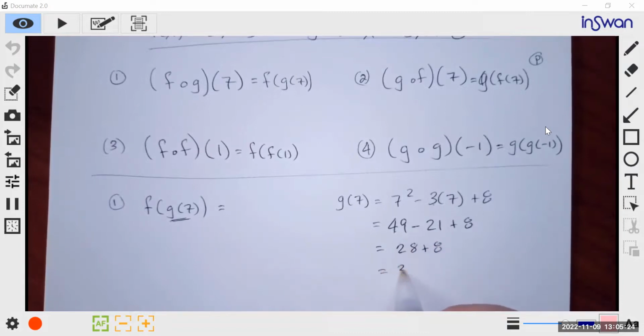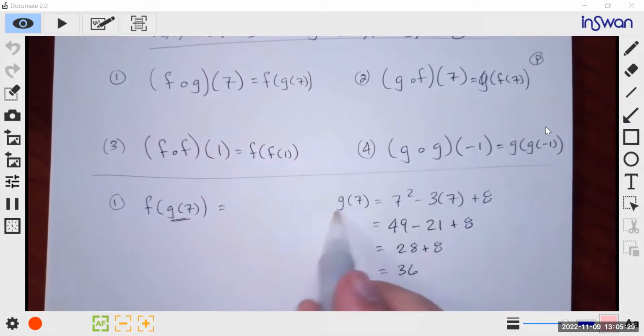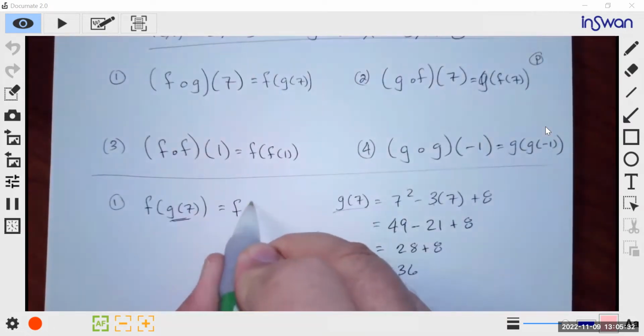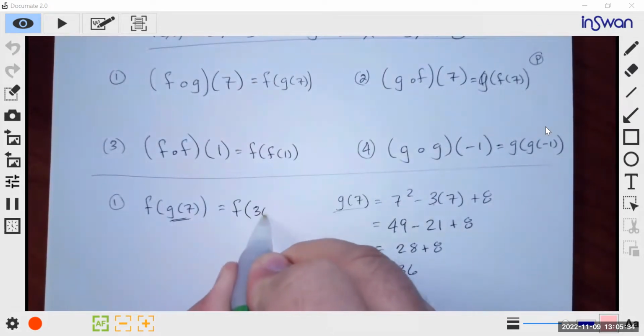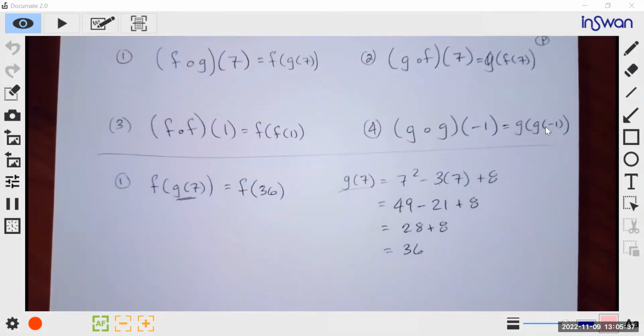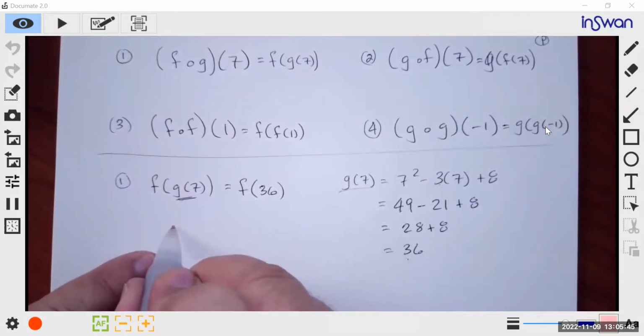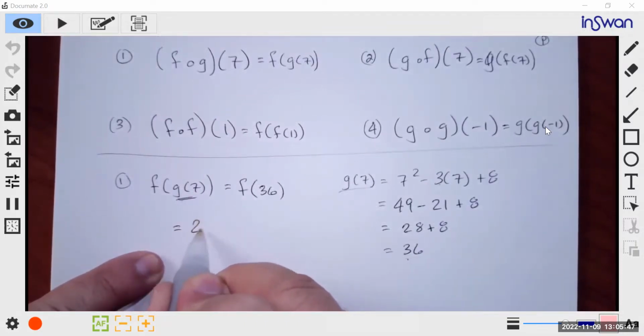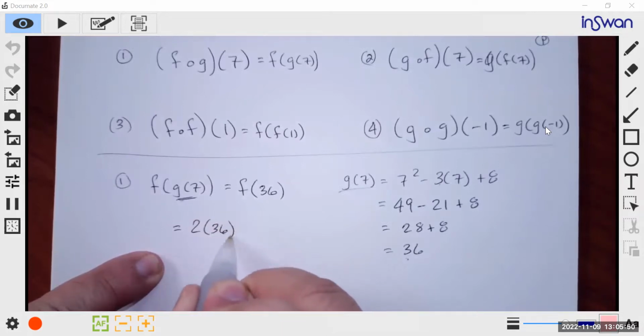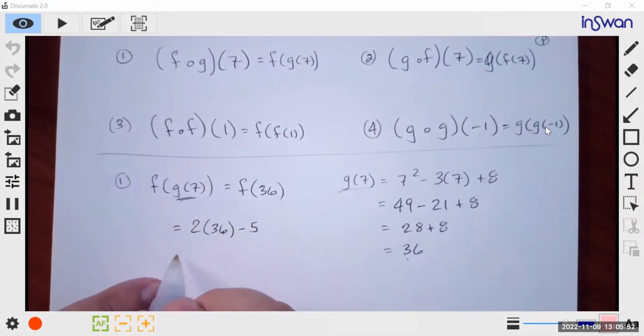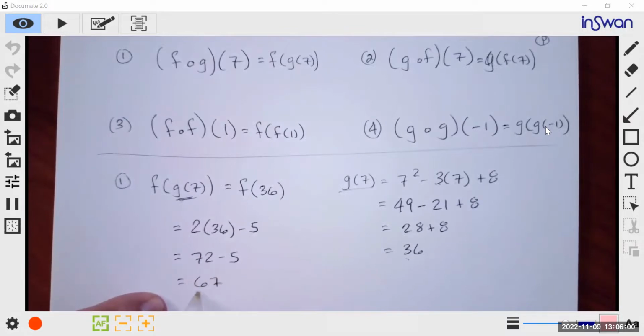Plus 8 is 36. That's just what g of 7 equals. So I now have f of 36, because we know that g of 7 is 36. Now I have to go back to my original equation for f. 2 times 36 minus 5. 72 minus 5 equals 67. And there's that answer.